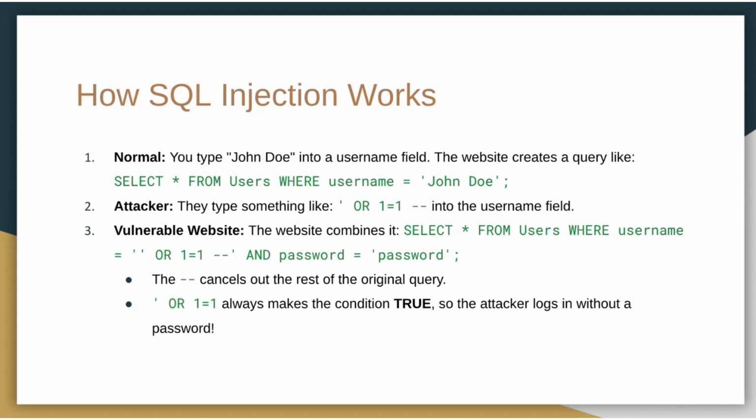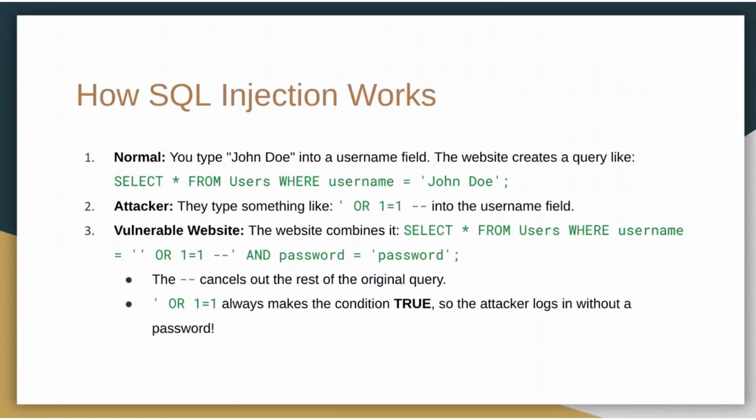If the system is not properly configured, it will pass the data, select the username and forward it back. If the website is not secure, it might put this straight into SQL like this. And what will happen is that OR 1=1 is always true, so it tricks the database.